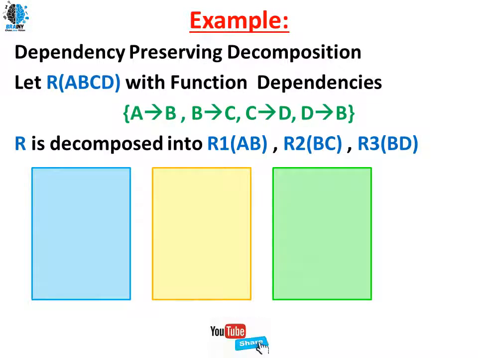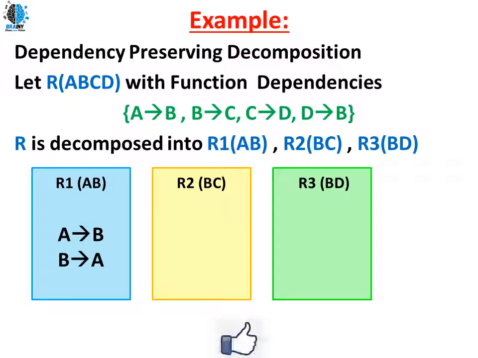The R table is decomposed into three tables: R1 has attributes AB, R2 has attributes BC, R3 has attributes DB. Coming to R1, we can write the functional dependencies based upon the attributes of R1 as A goes to B and B goes to A.